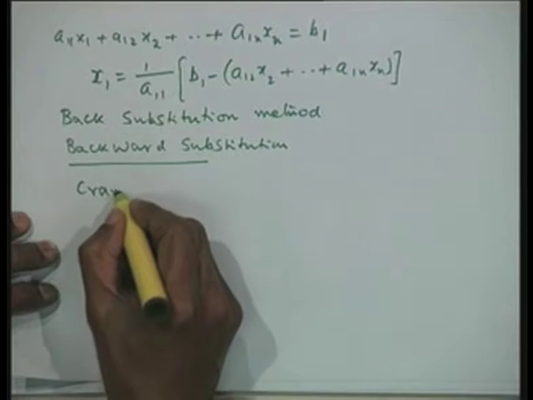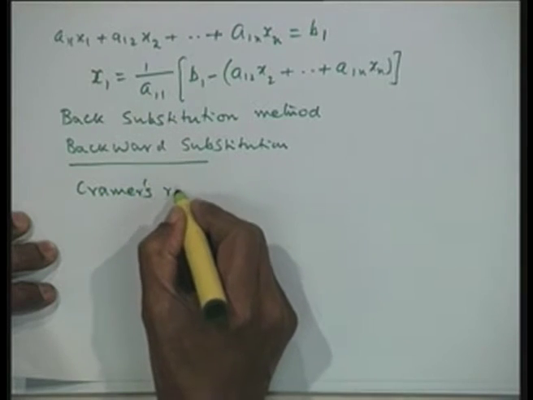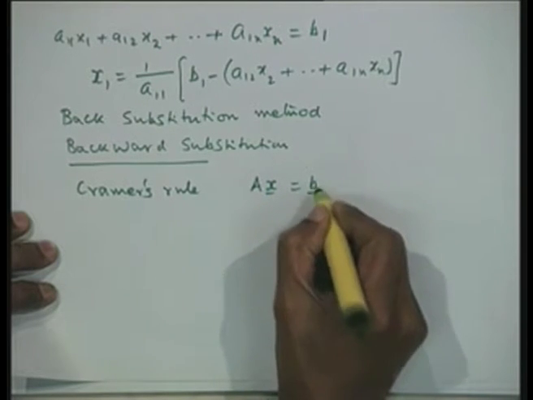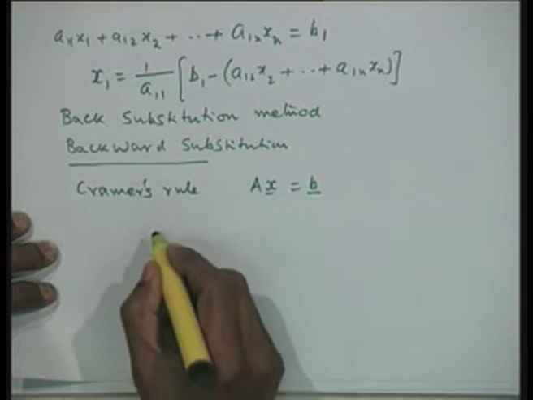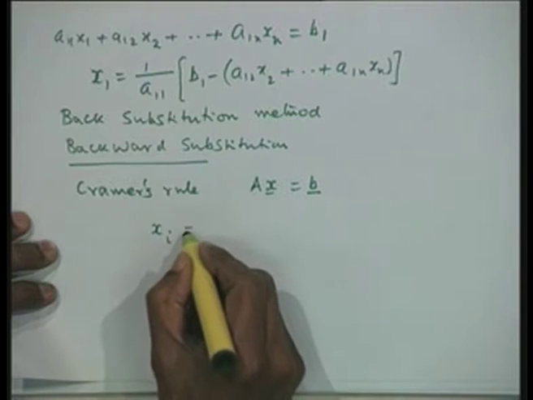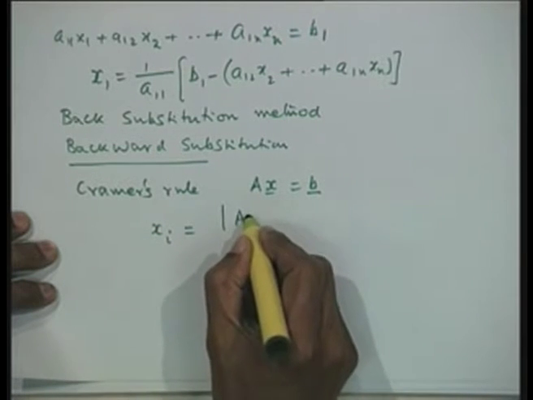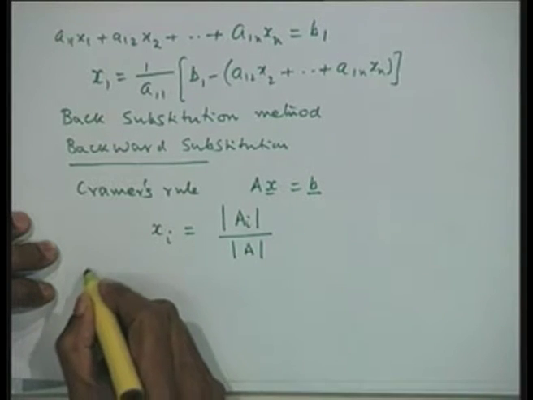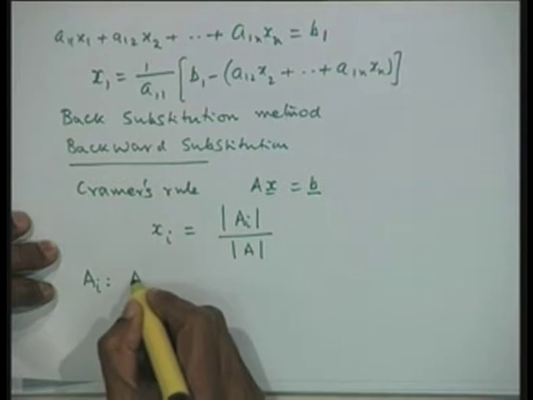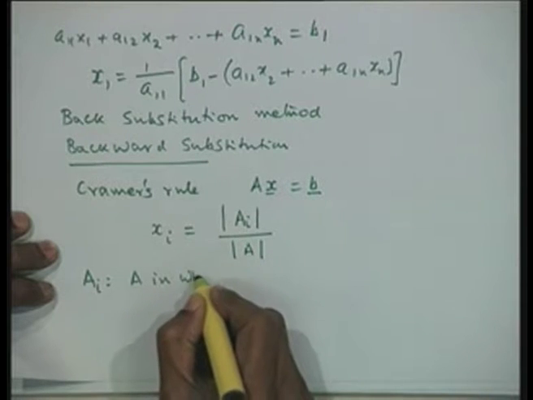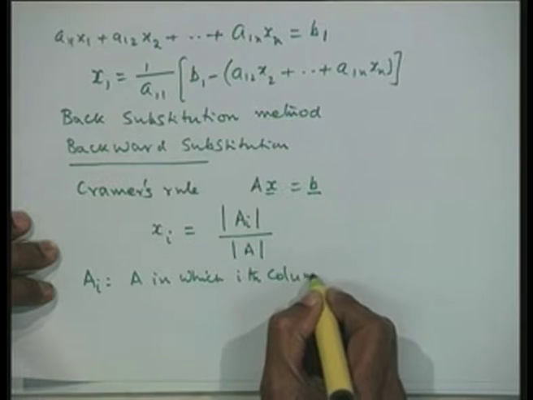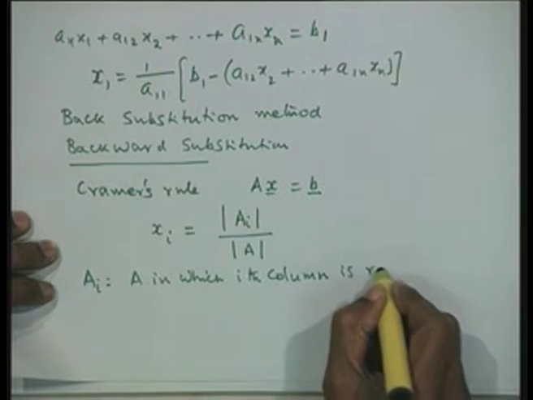If I solve this system of equations by Cramer's rule, we are solving the system Ax is equal to b. We know that the solution of this problem can be written as xi is equal to determinant of Ai divided by determinant of A, where Ai is A in which the ith column is replaced by b.